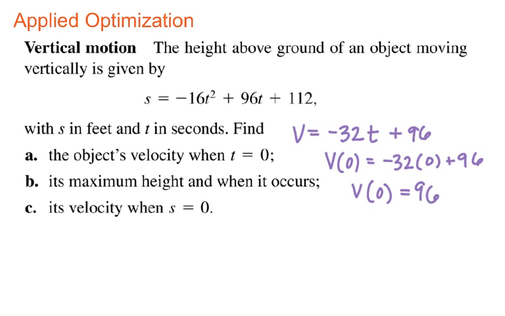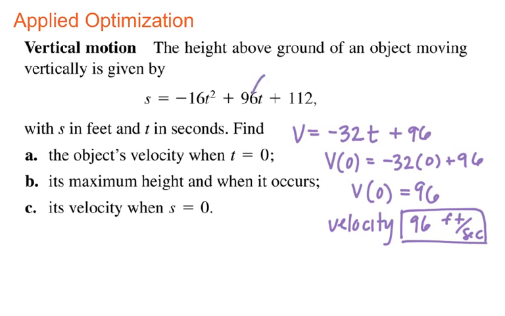So that means the initial velocity at t equals 0 seconds is 96, and that is feet per second. And you see that 96 showing up in the problem. All right, so that's my answer to part A.